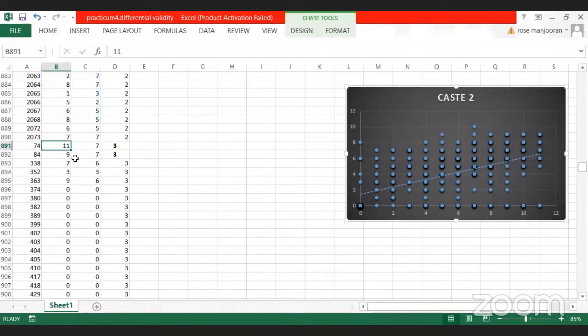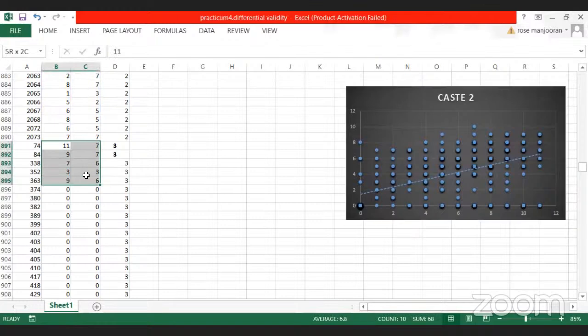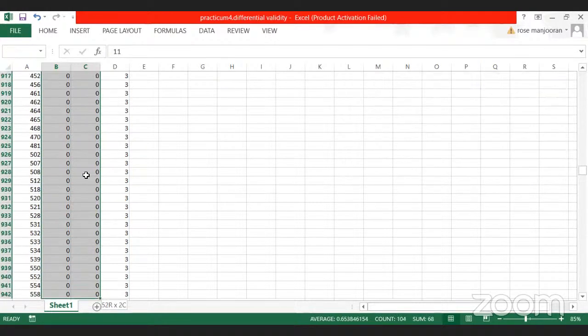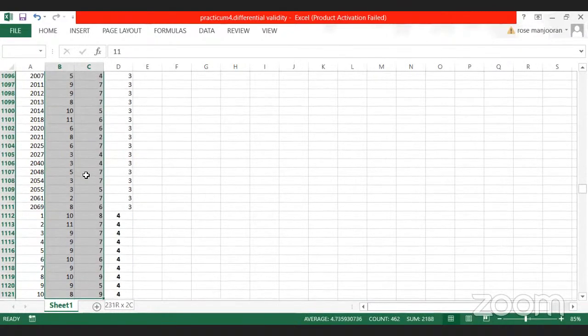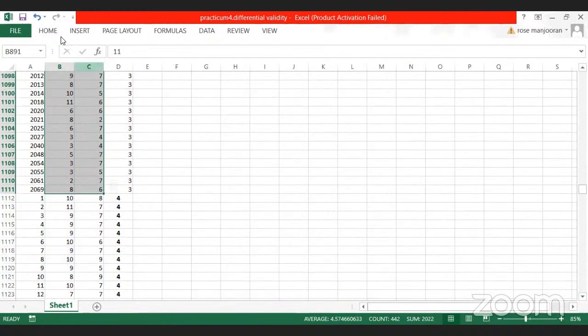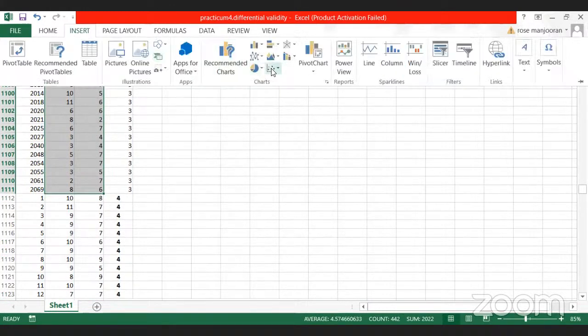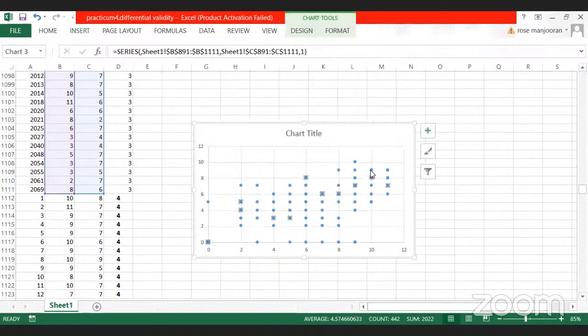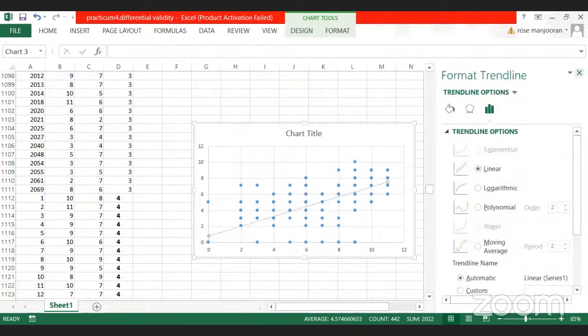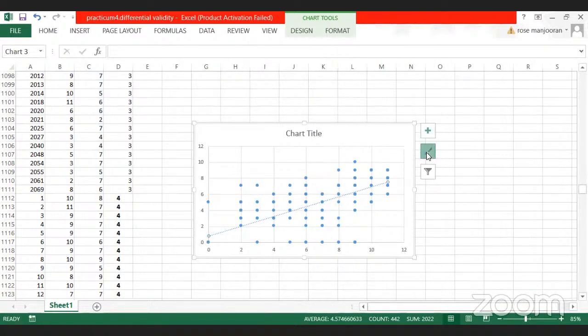Then from caste 3: insert, scatter, trend line, linear. You got it here, then again change the background.